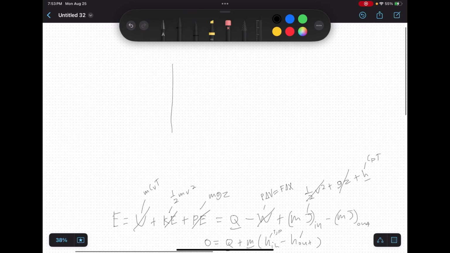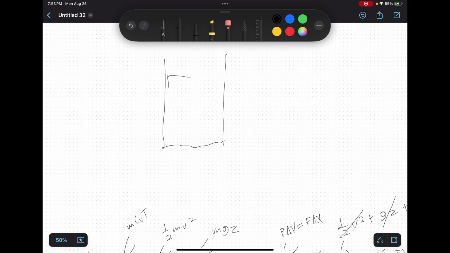Let's say this is a classic problem. Very straight lines, I like it. Let's say there is a cylinder, and there's a round disc that's floating in the cylinder.